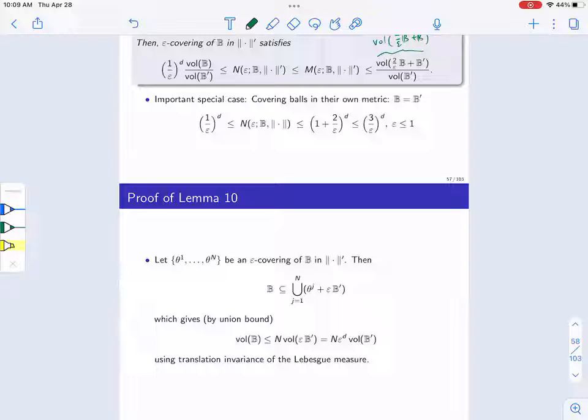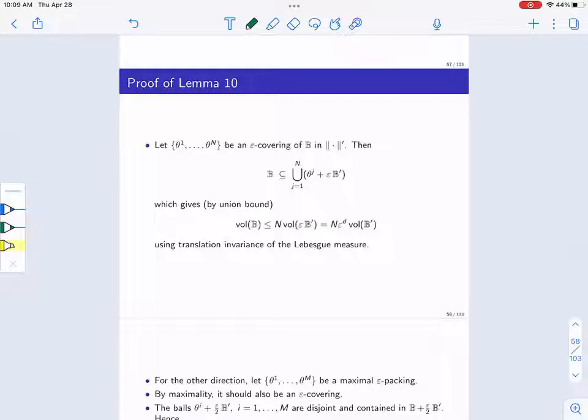So volume of B is going to be less than the sum over j from 1 to n of volume of theta j plus epsilon B. And this is just going to be volume of epsilon B, because volume is shift invariant, and this is going to be epsilon to the D times volume of B prime.